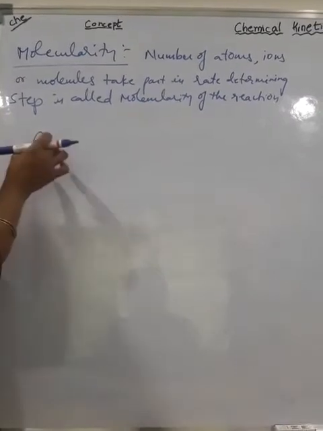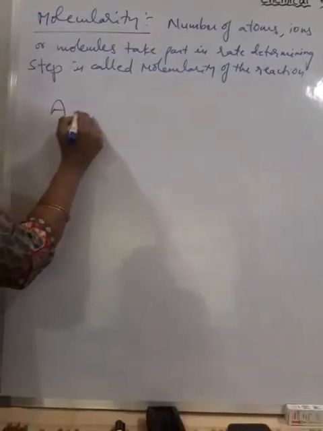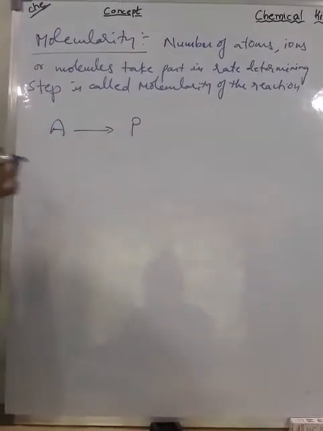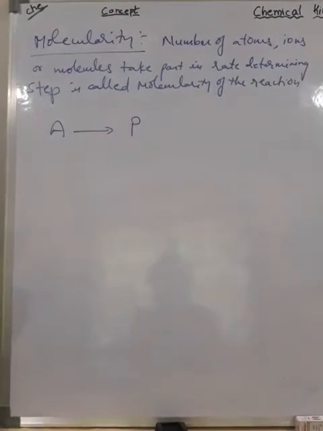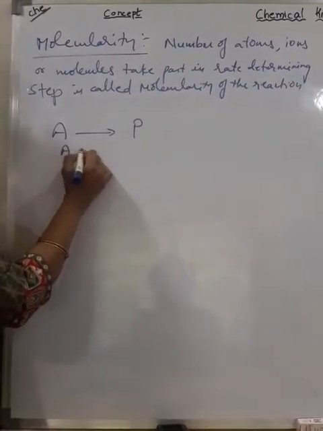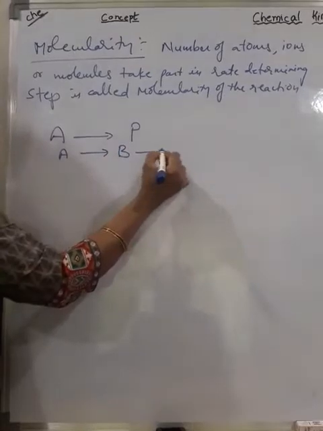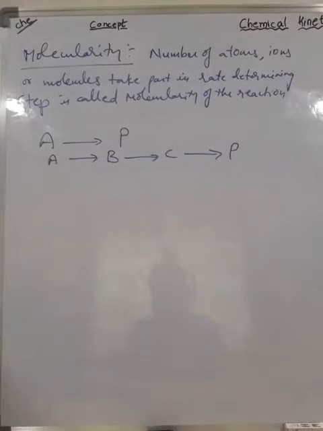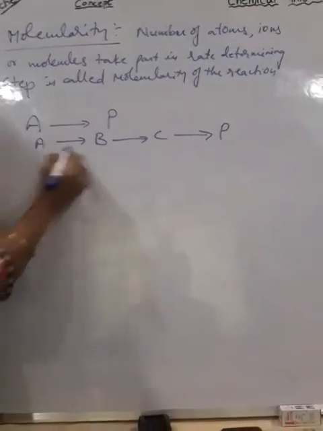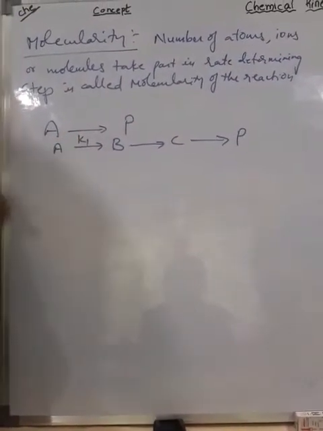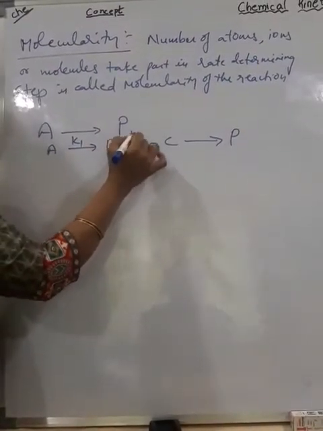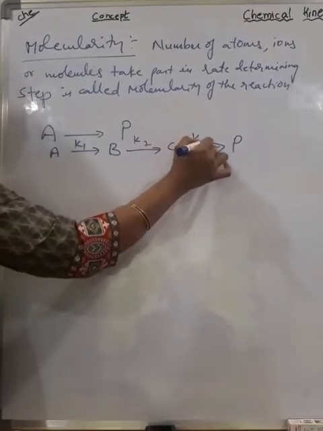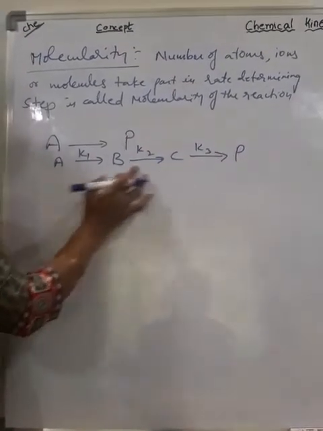The formation of products from A involves 3 elementary steps: A to B, B to C, C to finally products. A to B has rate constant K1, B to C has rate constant K2, and C to final products has rate constant K3. So this is the reaction mechanism.